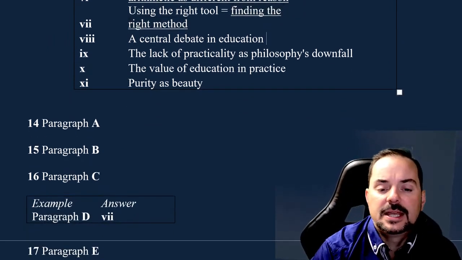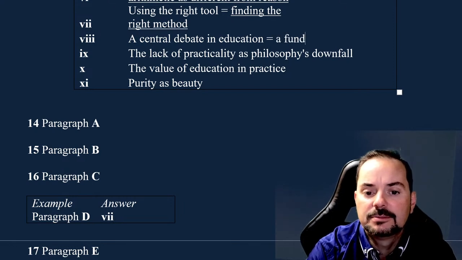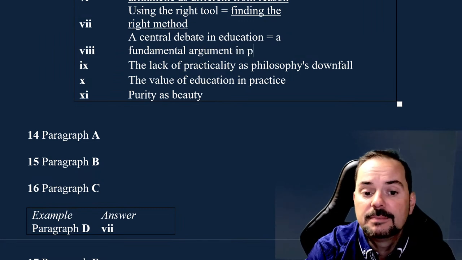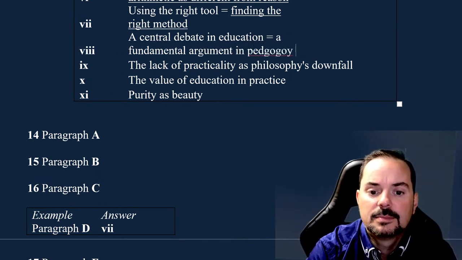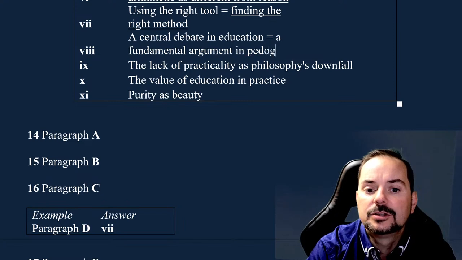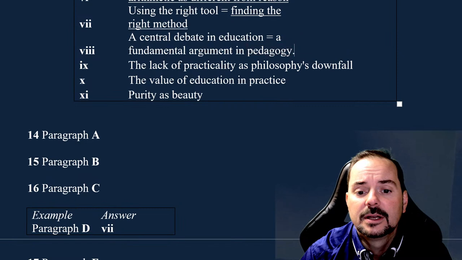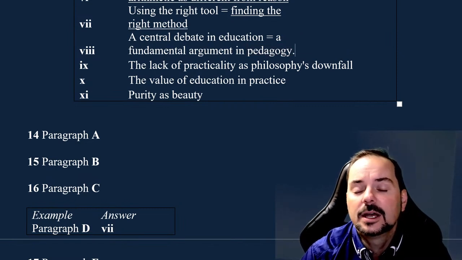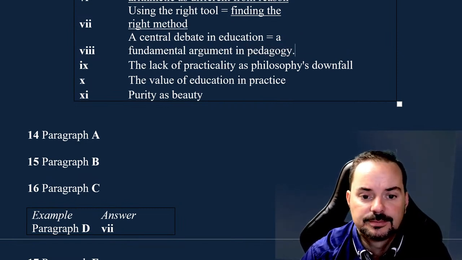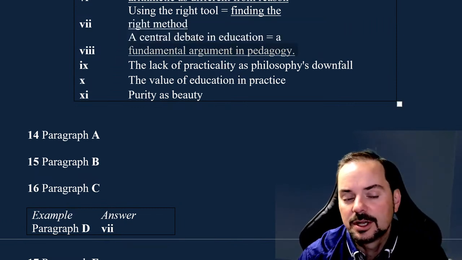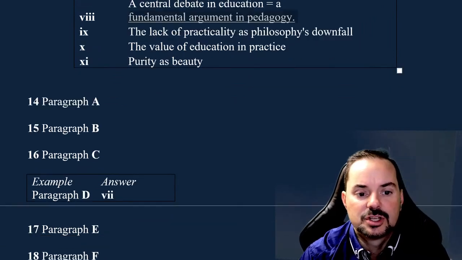A central debate in education, a fundamental argument in pedagogy. Pedagogy is another way to say education. Okay. Pedagogy, education. Pedagogy is a very scientific way to say education.